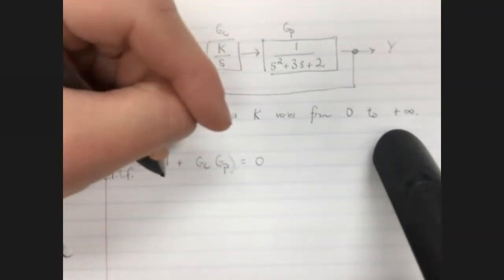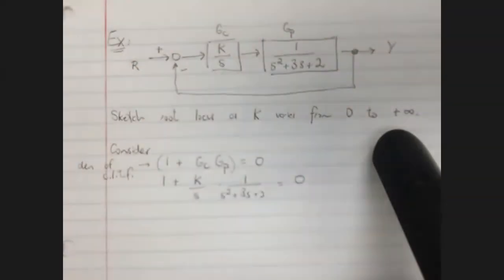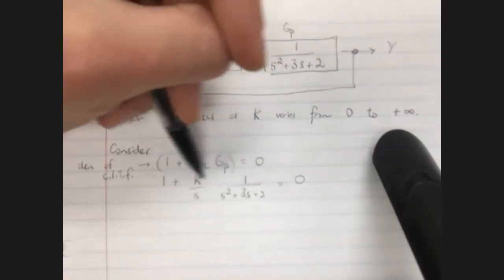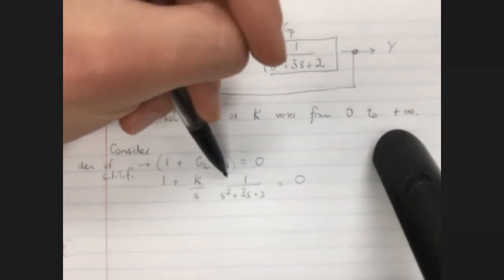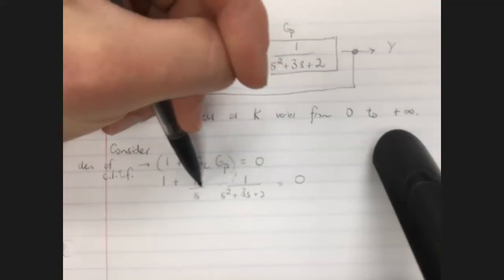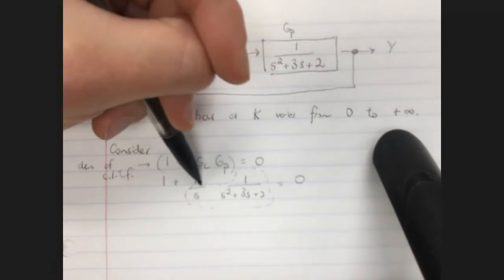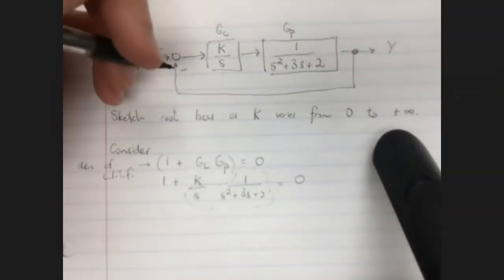And so I set up 1 plus K over S times 1 over S squared plus 3S plus 2 equals 0. Therefore, I'm in this format where I have 1 plus K times something equals 0. And everything else, we're going to take this part as if that's our quote unquote open loop plant.